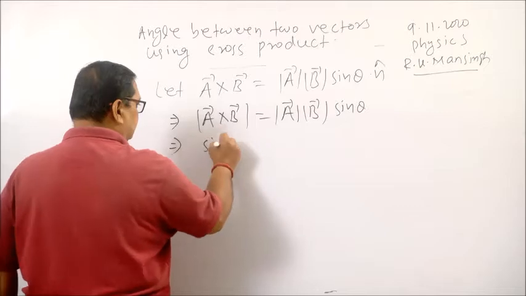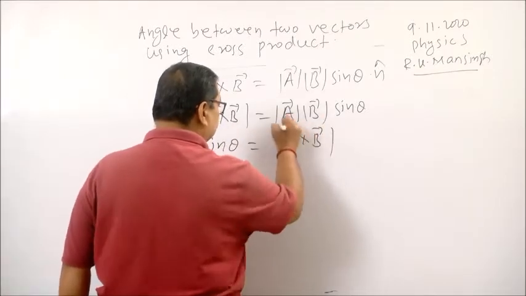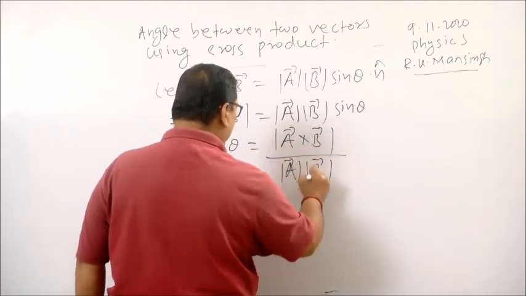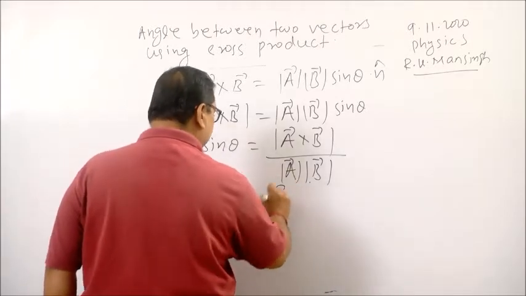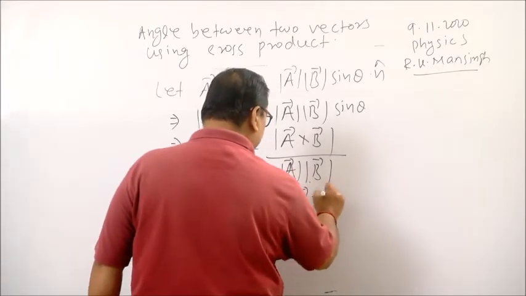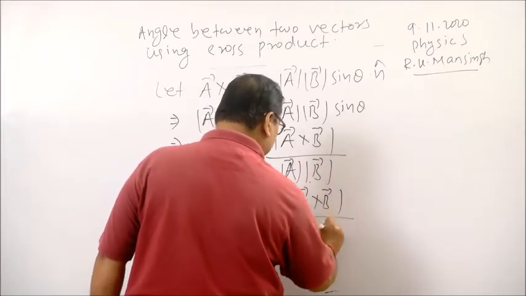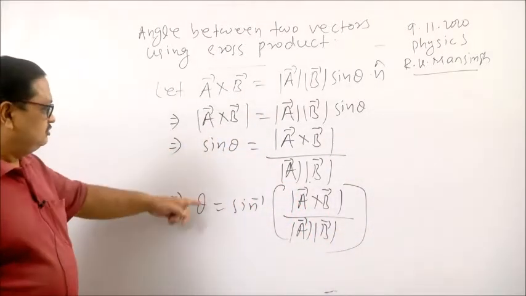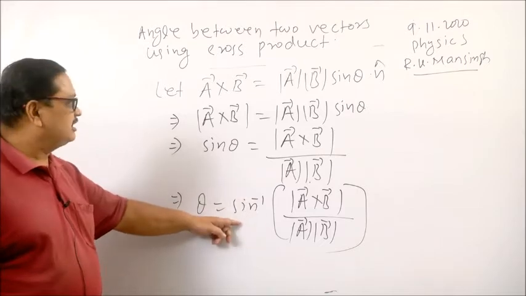This implies sin theta equals modulus of A cross B divided by modulus A into modulus B. This implies theta equals sin inverse of modulus of A cross B by modulus A modulus B. So, using this formula you can also find the angle between two vectors.